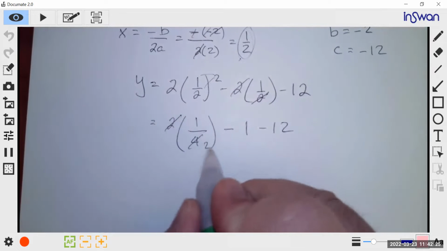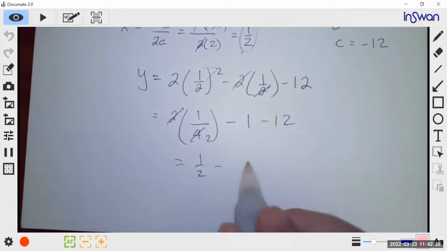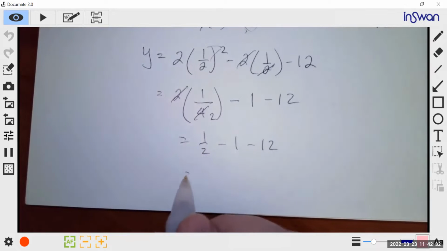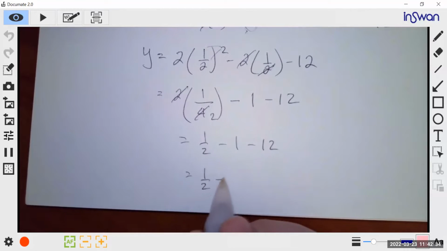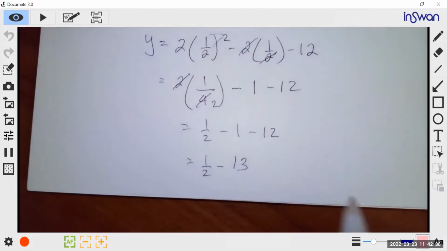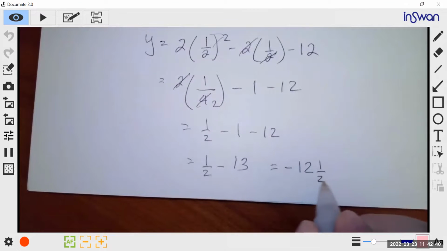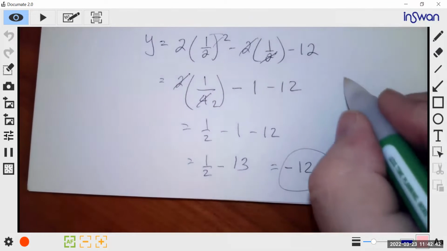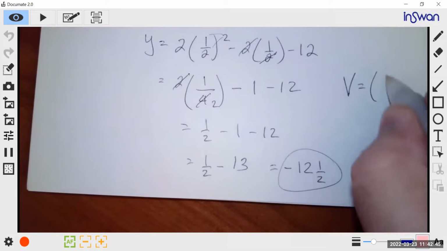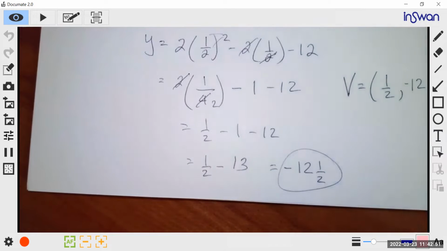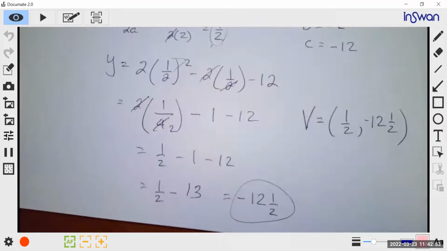The 2 and the 4 cancel. So we have 1/2 minus 1 minus 12. 1/2 minus 13 makes it -12.5. So that's my vertex.